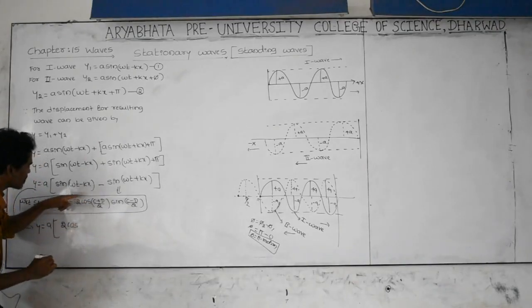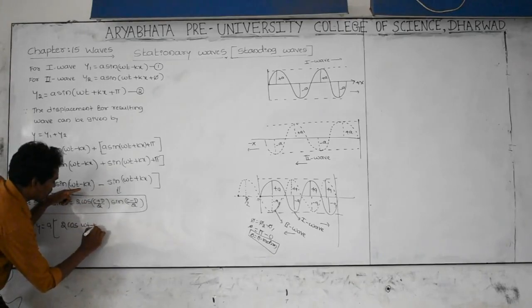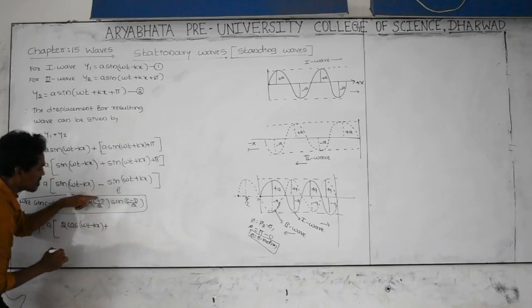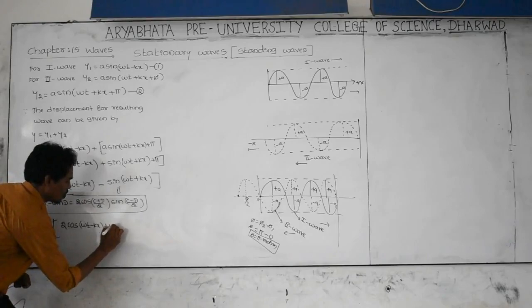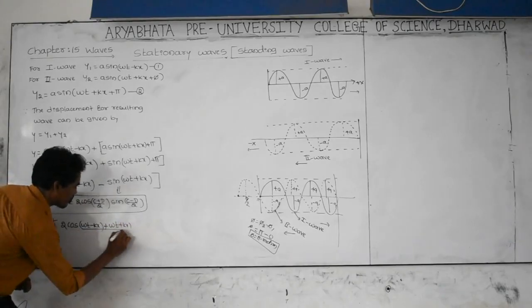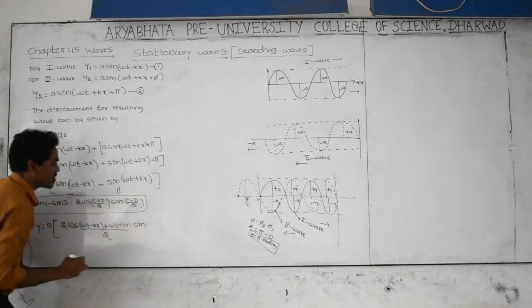What is c? C is nothing but omega t minus kx, and d is nothing but omega t plus kx, whole divided by 2. And next sine of (c minus d) by 2.